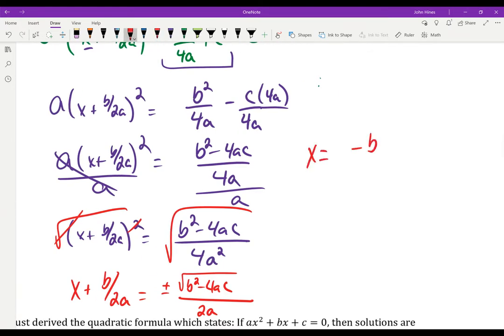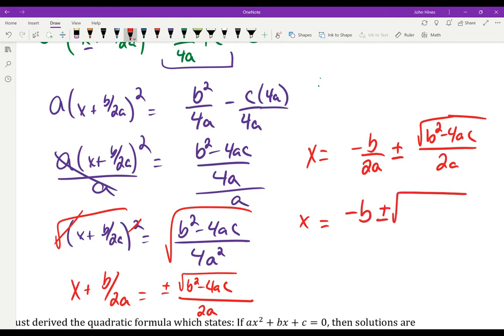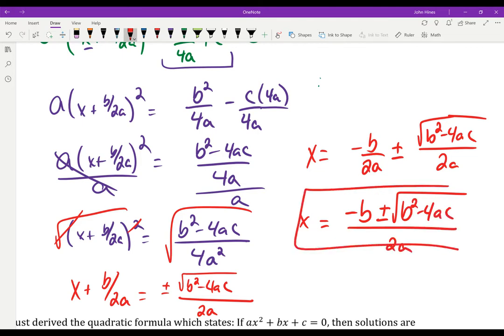So x equals negative b over 2a plus or minus the square root of b squared minus 4ac all over 2a. And since those have the same denominator, that leads us to our quadratic formula. I can just smush those fractions together. Negative b plus or minus the square root of b squared minus 4ac all over 2a. That right there is my quadratic formula.